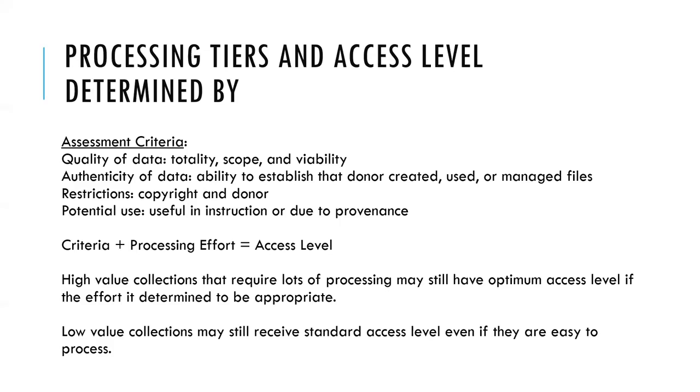How do you decide what is the potential use of a collection? But it is a really good step towards objectivity and transparency, and it really is interesting to see the decision-making process behind processing these different collections. And we'll talk more about access next week, so we'll continue our discussion when we do that.